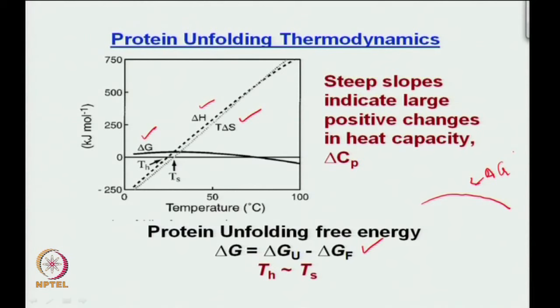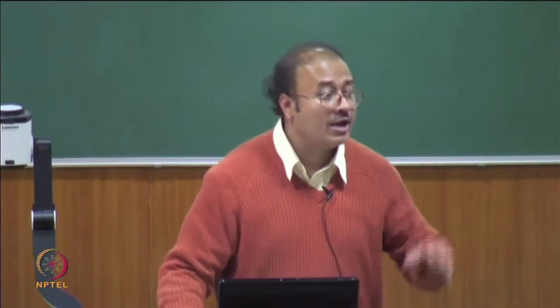See, what about the temperature? The temperature is still room temperature. At room temperature, if you would take a protein, would you expect it to unfold? The temperature is not very high. Depending upon the protein, say I am taking a pretty stable protein, a protein which is easily soluble in water, and it maintains its structure at room temperature.